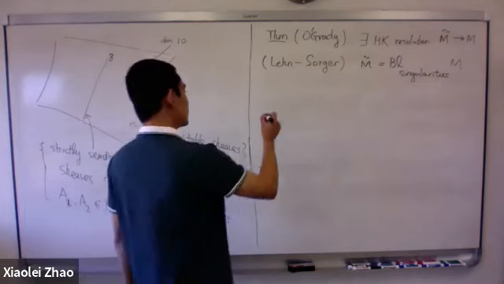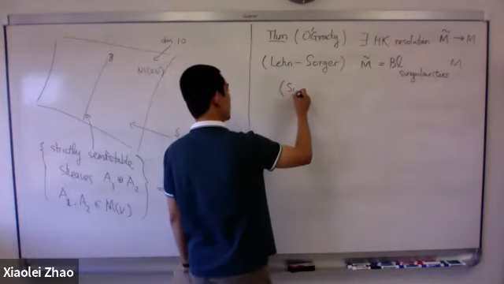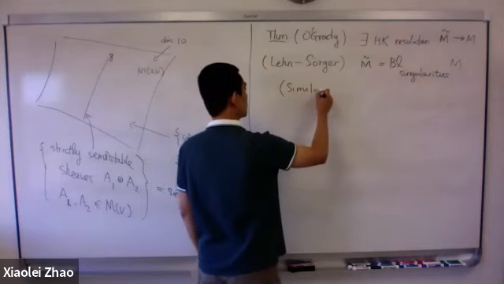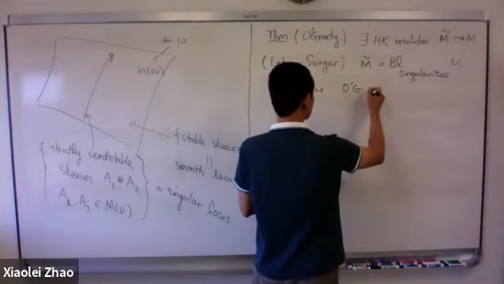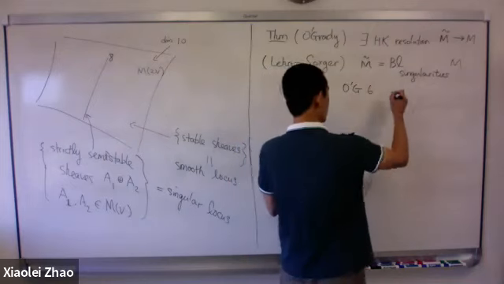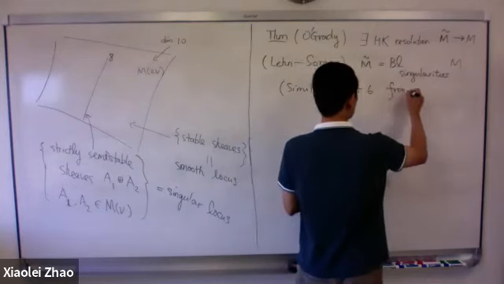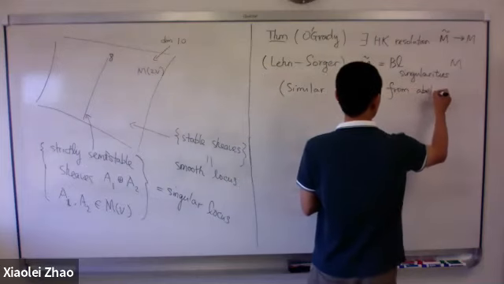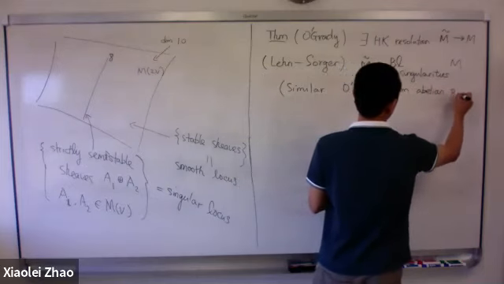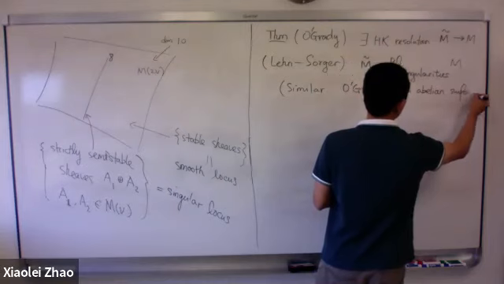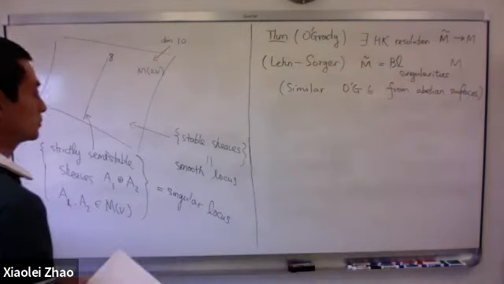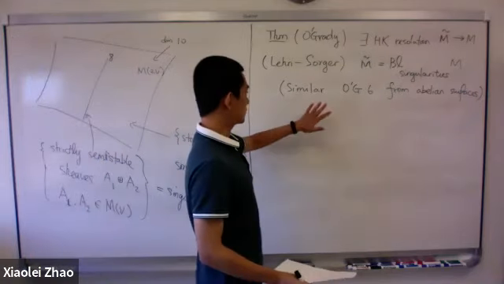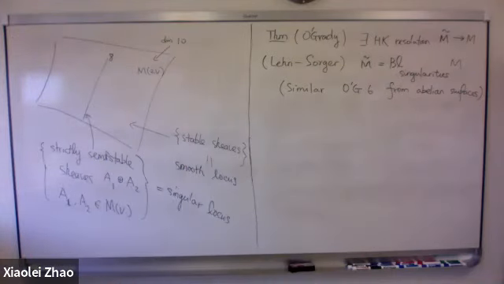And so I think we should also mention, similar to before, you can construct the O'Grady six, a 6-dimensional hyperkähler manifold from the abelian surface. Okay, so the construction is very similar. You just pick some non-primitive character and ask for a resolution of singularity.